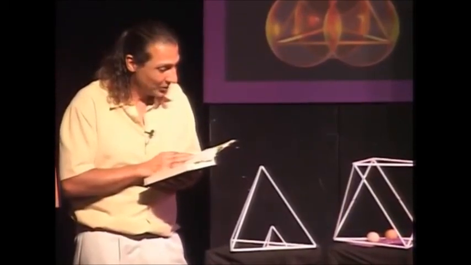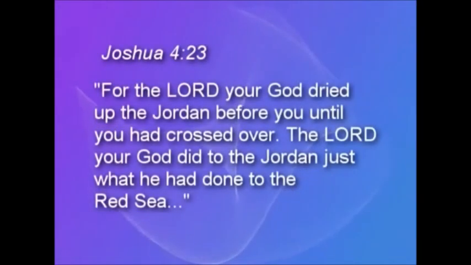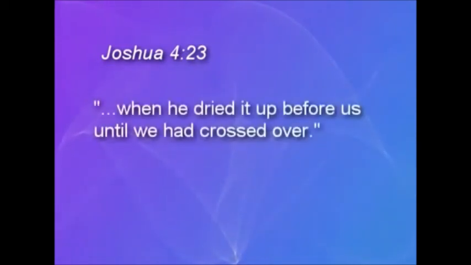One thing that's really omitted is the paragraph shortly after. Paragraph 23: for the Lord your God dried up the Jordan before you until you had crossed over. Remember, the Lord is the Tetragrammaton, described as the Ark of the Covenant. The Lord your God did to the Jordan just what he had done to the Red Sea when he dried it up before us until we had crossed over.